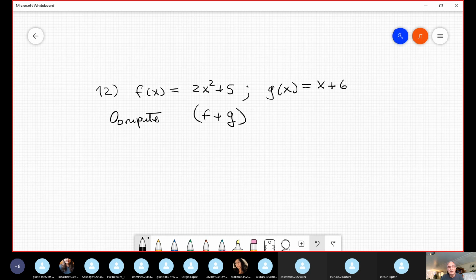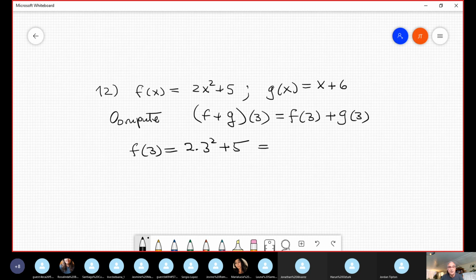Evaluate in 3. It's easy because it's numerical. This notation is confusing, but it's equivalent to say f in 3 plus g in 3. You plug in 3: f in 3 is 2 times 3 squared plus 5. 3 squared is 9, 18, plus 5, 23. Is that the final answer? No, that is only this part.